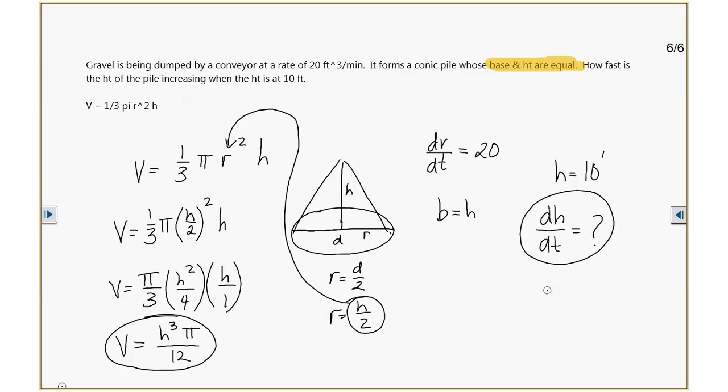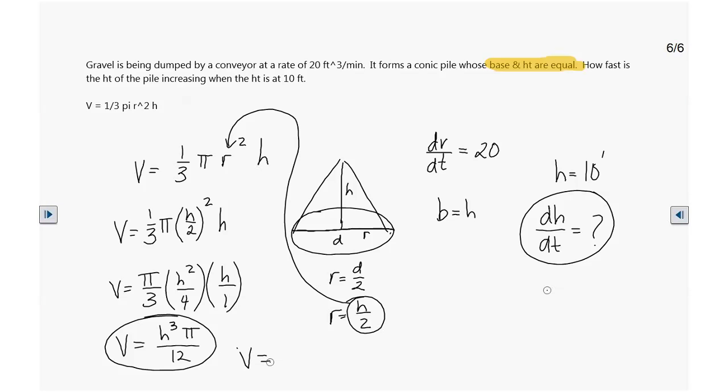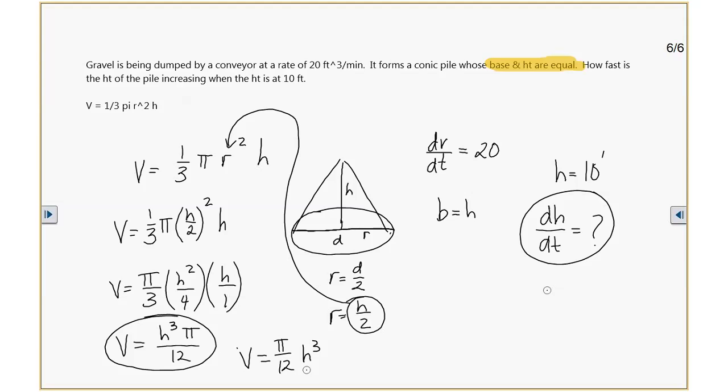You can pull the pi over 12 out and say V is equal to pi over 12 h cubed. Now take the derivative of that with respect to t, and see if you got what you need to plug and chug.